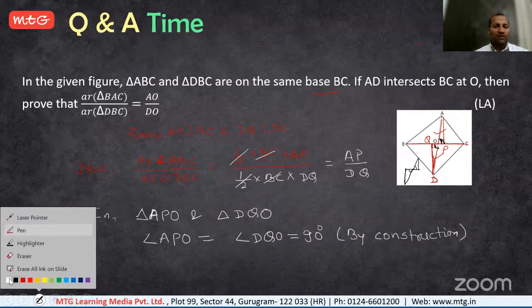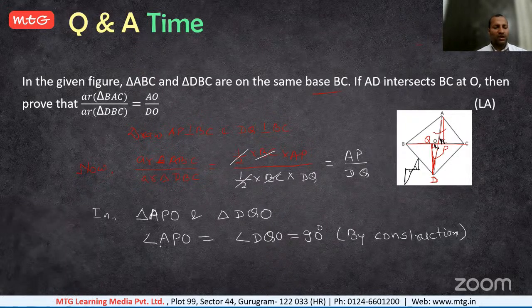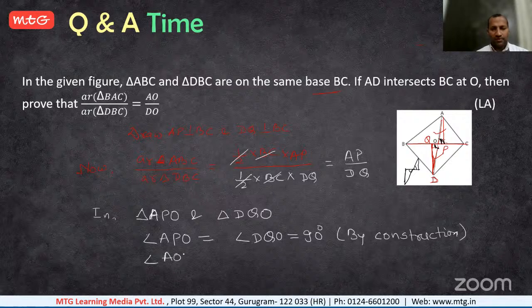What are those angles? Angle AOP is equal to angle DOQ, because they are vertically opposite angles.